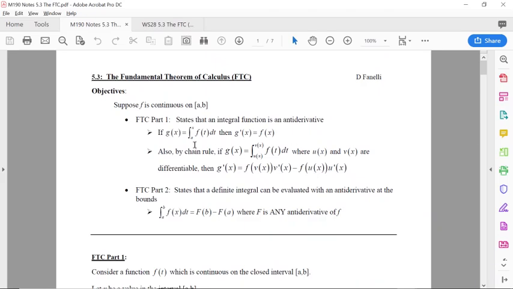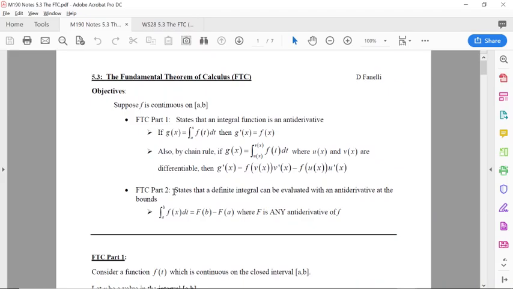First, partly dependent on this result here: if we want the derivative of our g of x right here, the g prime of x can be found by plugging the upper bound x into our integrand function, and we're done. We'll show that that has to be so. And the extension of that is if the bounds are not just a constant on the bottom and the variable x on the top, if the bounds are instead functions of x themselves, we'll actually have to apply the chain rule in order to take the derivative of an integral.